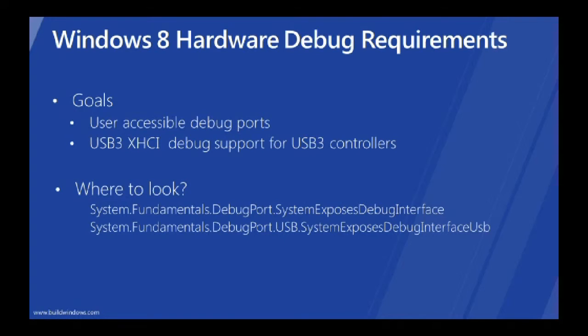For example, Gigabit Ethernet and a USB 2 OTG device, or USB 3 XHCI and serial UART, or 1394 and USB 2 EHCI host debug. If the system has a USB 3 controller, it must implement USB XHCI debug and expose USB 3 ports capable of debugging. You can find the hardware debug requirements under the System Fundamentals category. They are valid for all x86, AMD64, and SoC systems.